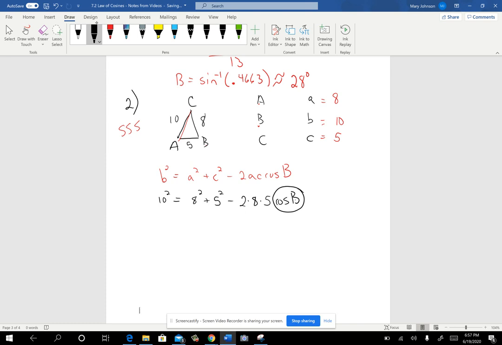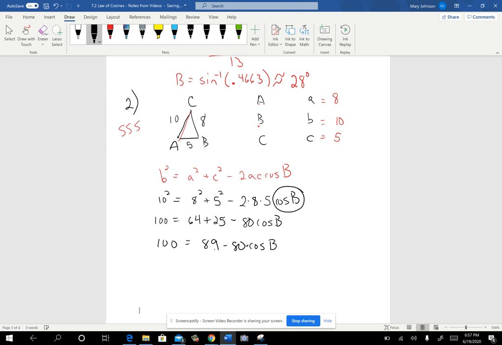Okay. So we have here that 100 equals 64 plus 25 minus 80 cosine B. It would help if I put those two together, so that's 89. Remember, you can't do 89 minus 80 though, because those aren't like terms.